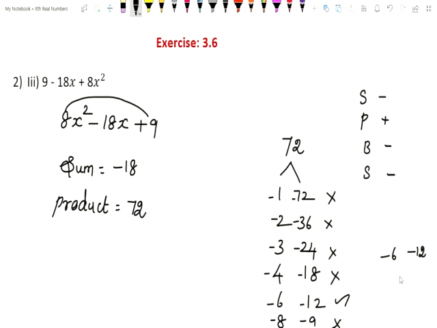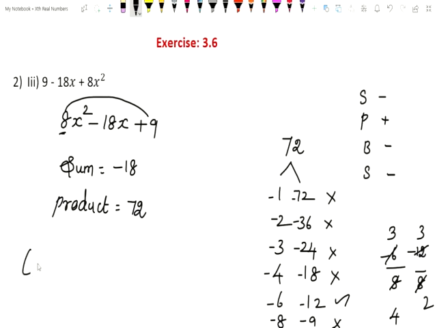After that we have to divide by the coefficient of x square. Here the coefficient of x square is what, children? 8. So divide by 8. 3 2s are 6, 4 2s are 8. 4 2s are 8, 4 3s are 12. So what are we getting, children?